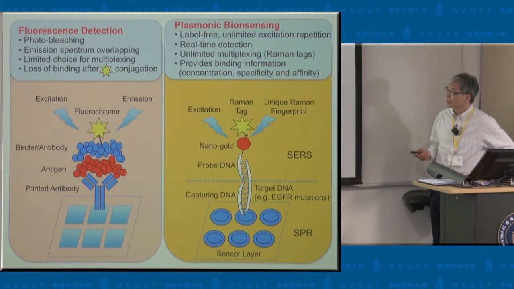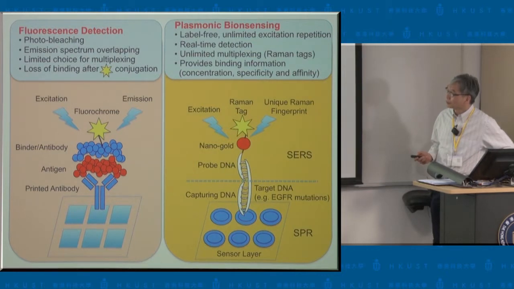But fluorophores tend to photobleach, and they also have limited choice of multiplexing, i.e. the wavelengths of emission tend to overlap. They may also affect the actual biomolecular reaction. Whereas plasmonic biosensing is known for its label-free real-time detection.